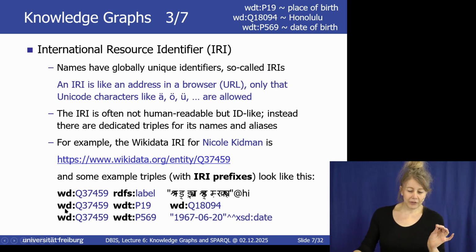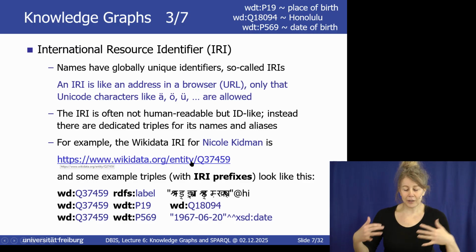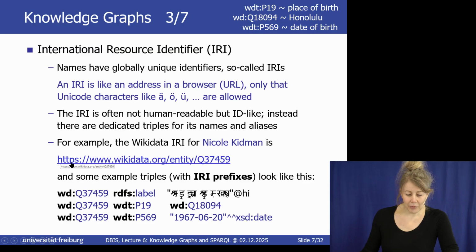And what you have here, these prefixes, they are just abbreviations, because the URL always starts with the same thing. If it's Wikidata, it always starts with HTTPS colon slash slash and so on. And just to make it shorter, you abbreviate this with WD colon, but these are actually also whole IRIs.